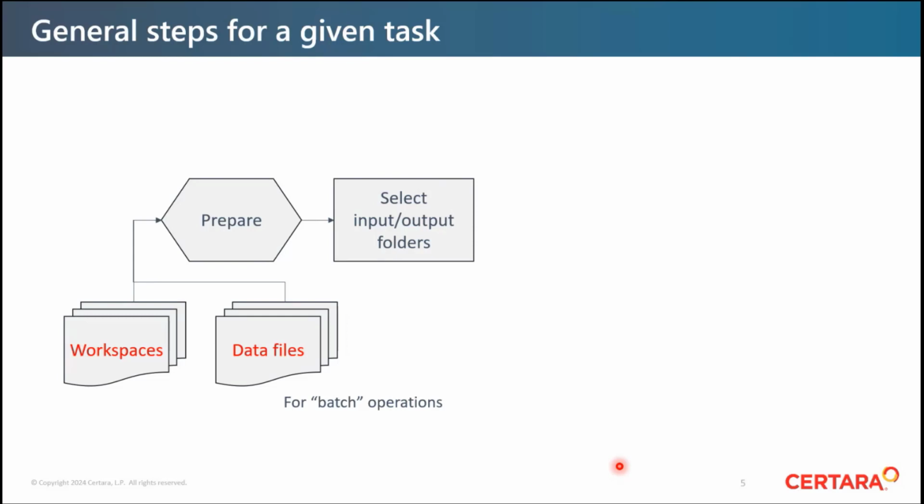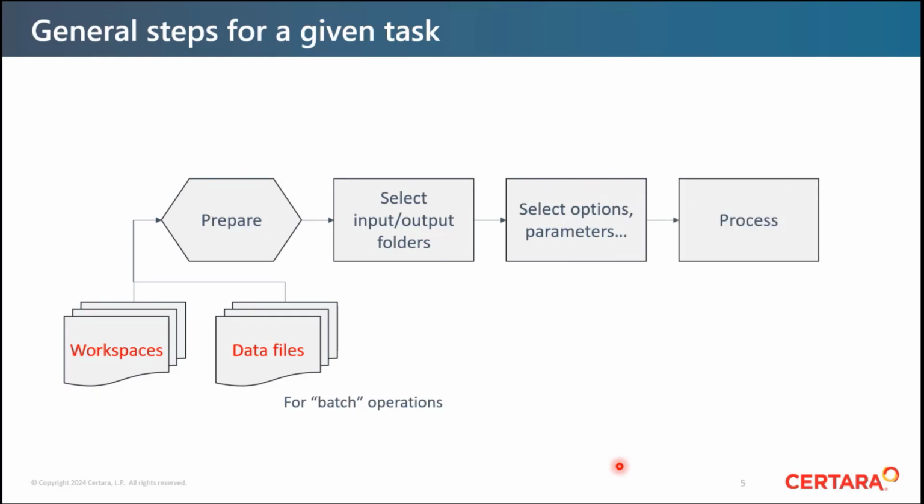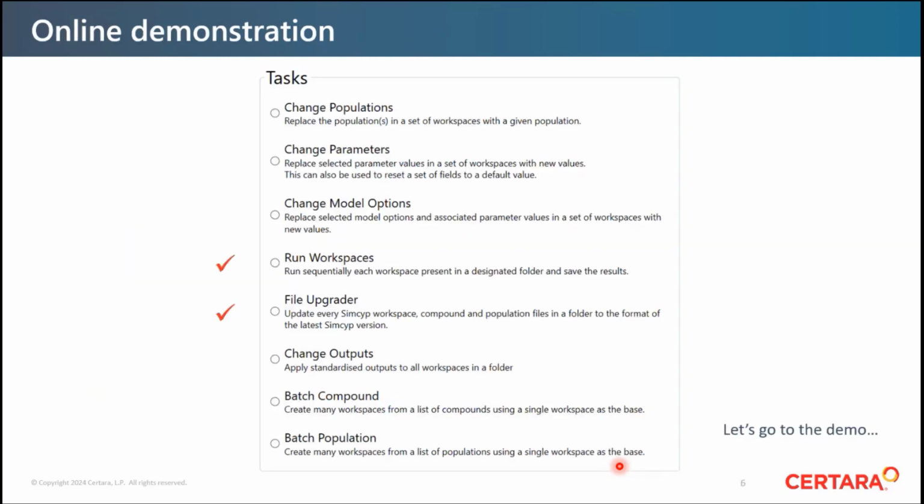Then you select a set of input and output folders. Select the option parameters you want to change, and then just process, and the new workspaces, or the results of running workspaces, will be created. So that's very simple. Basically, if you know how to use one task, you know how to use all of them.